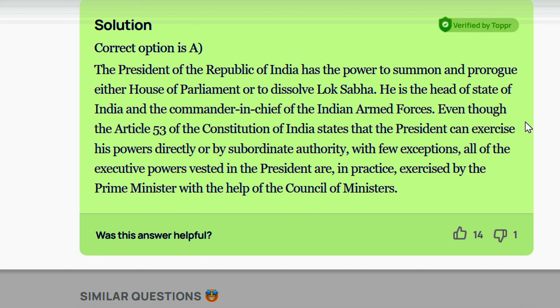All of the executive powers vested in the President are in practice exercised by the Prime Minister with the help of the Council of Ministers.